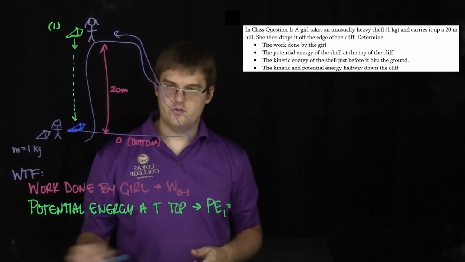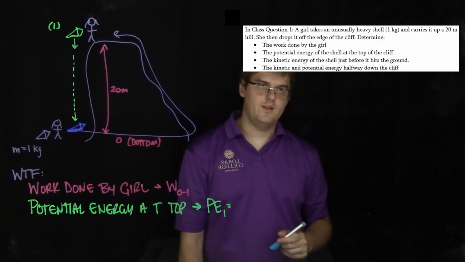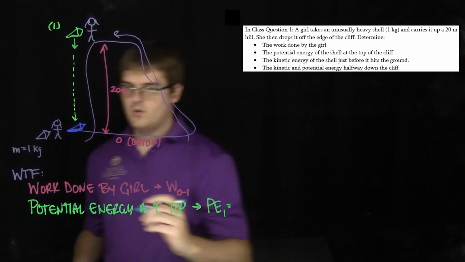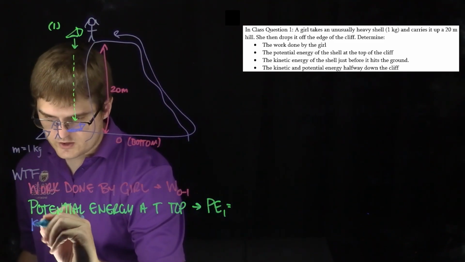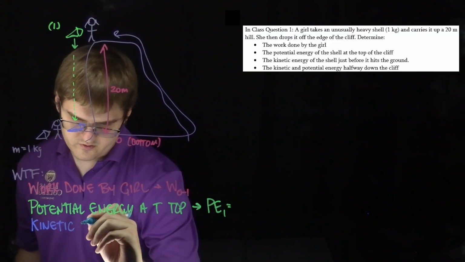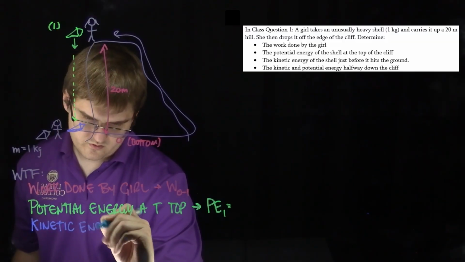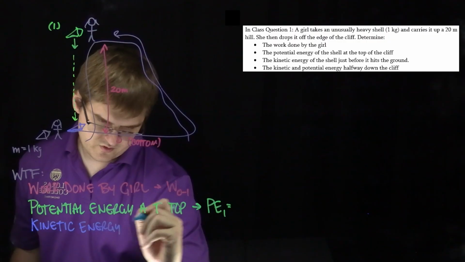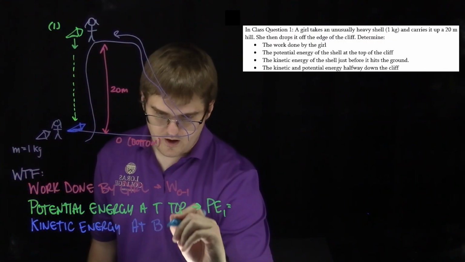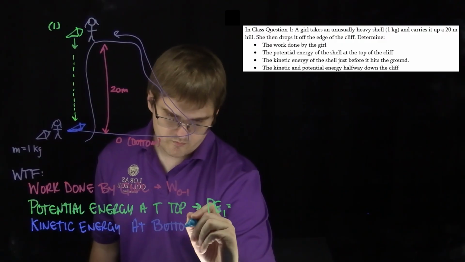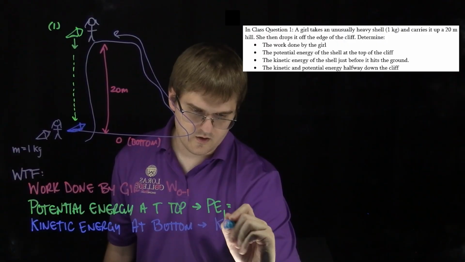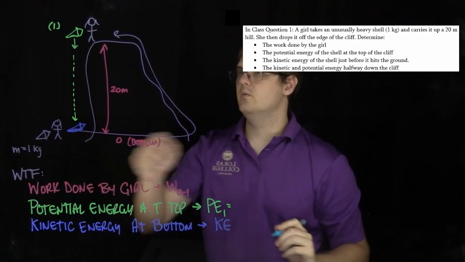Next thing we're asked to do is right before it hits the bottom, it's got some kinetic energy. It's moving very fast. So I want to find my kinetic energy at the bottom, which is going to be KE at, ooh, I didn't label this guy.